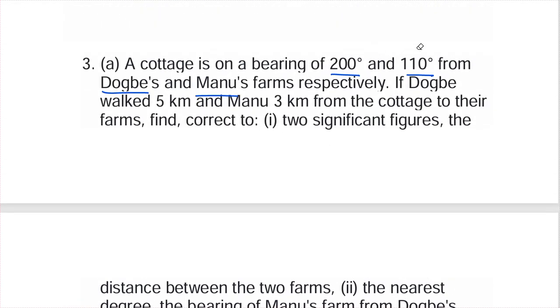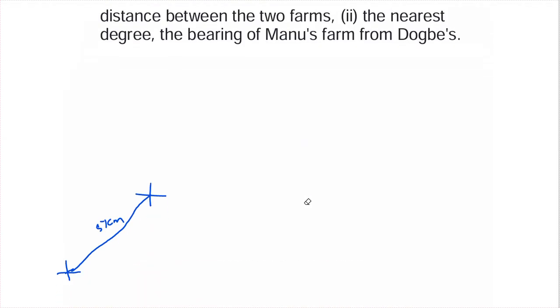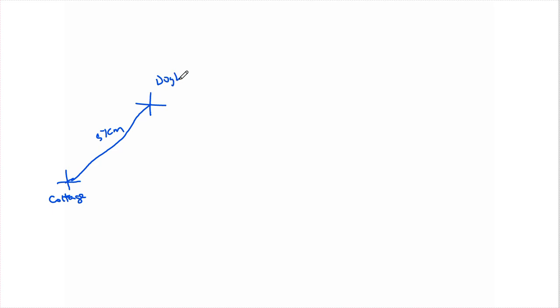And the distance based on what we have here, Dogbe's distance is 5 kilometers, so I'm going to write here 5 kilometers. Okay, let me clean this. We are not sure of where the other guy's own is. So Manu is 110. The bearing from Manu is 110.